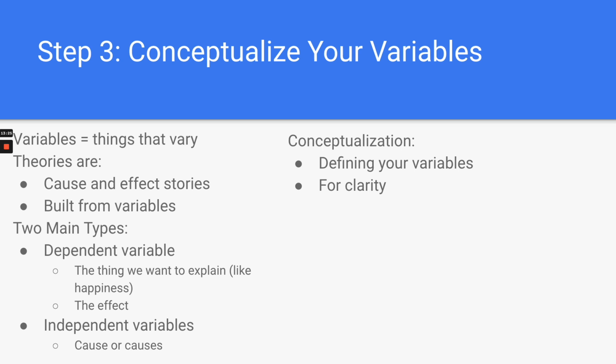Or when they say trust, they all mean the same thing when they use trust as a variable. That gives us not only clarity, but also consistency. We want to make sure we're comparing apples and apples, not apples and oranges.